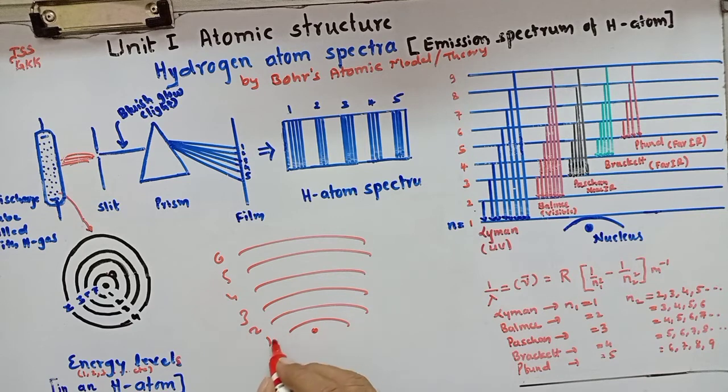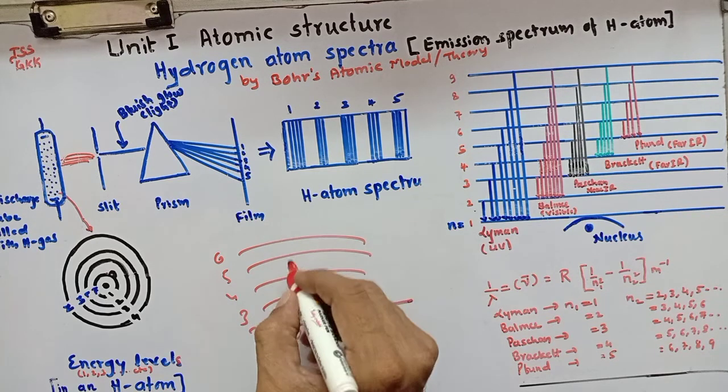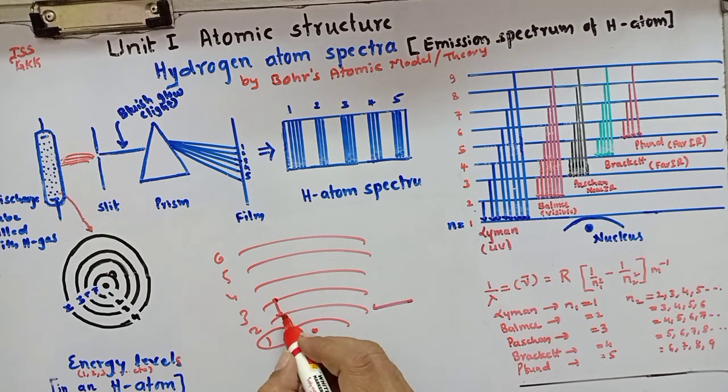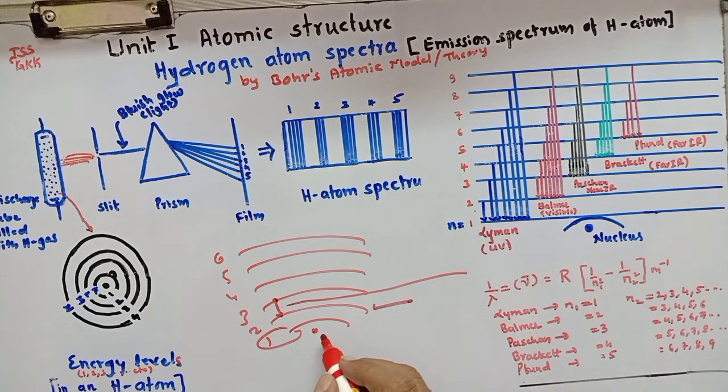Now, for the Lyman series, the first energy level is the lowest energy level. For the Balmer series, the lowest energy level is the second energy level. That means when the de-excitation of an electron takes place from a higher energy level to the second energy level, for example if the electron is present in the third energy level and jumps to the second energy level, that will produce the Balmer series of spectral lines.